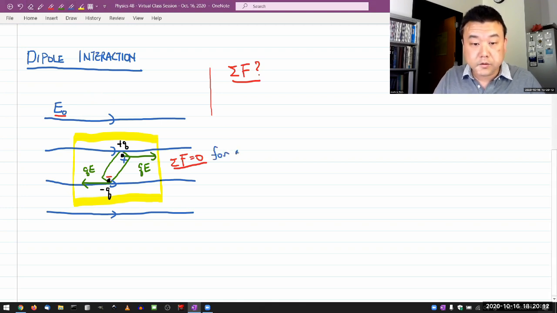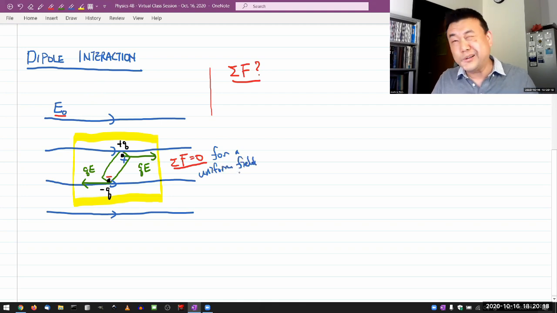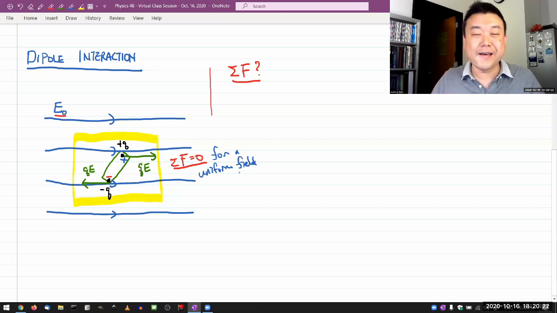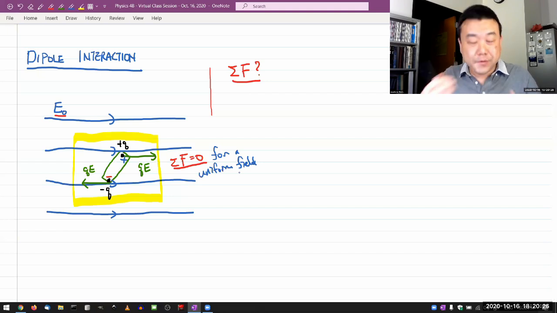As far as the theoretical calculations go, we will almost never do calculations involving a dipole in a non-uniform field. So with the net force being 0, there are still some interesting things that can happen to a dipole.